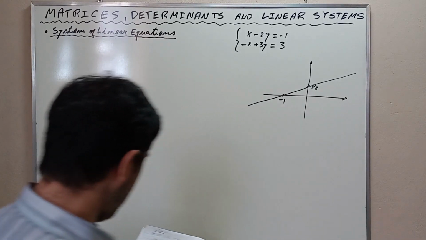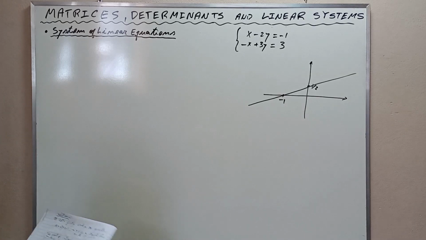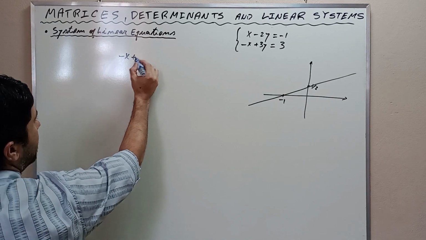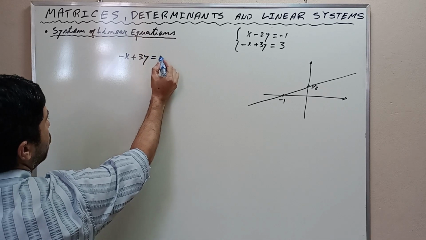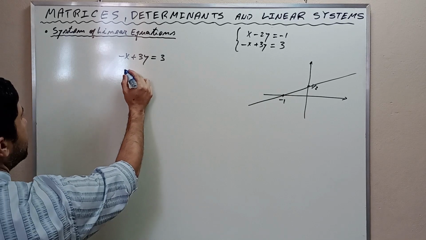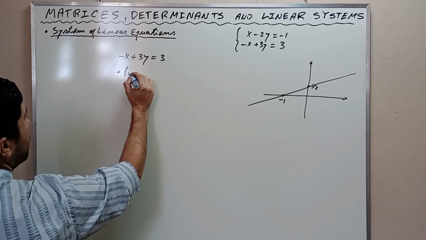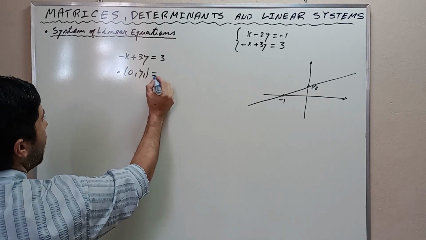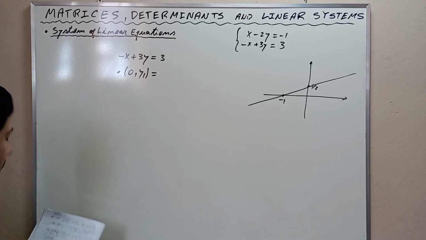We are going to work on the second equation, -x plus 3y equal to 3. For the point of intersection of the line with the y-axis, we have 0 for x and y1 for y.